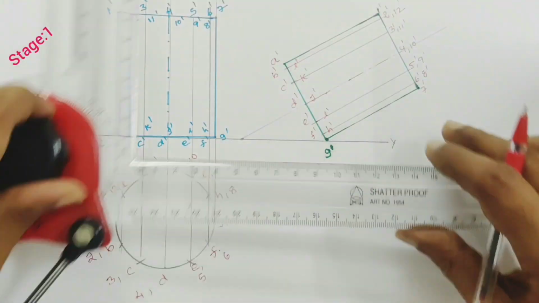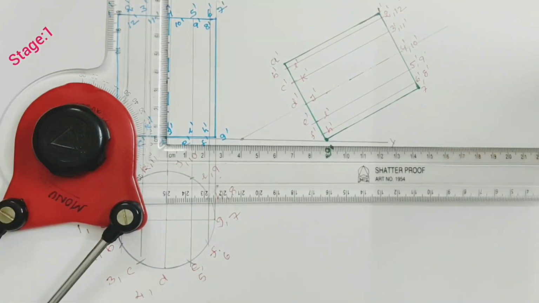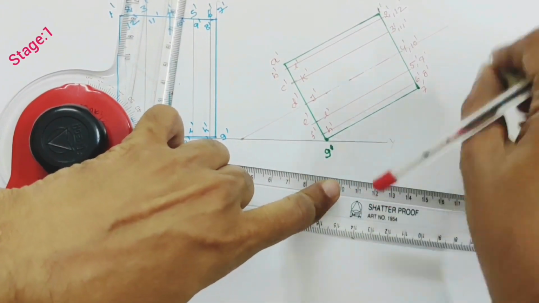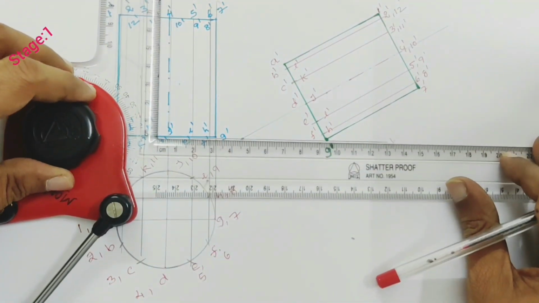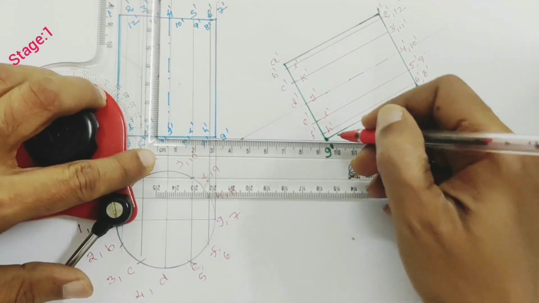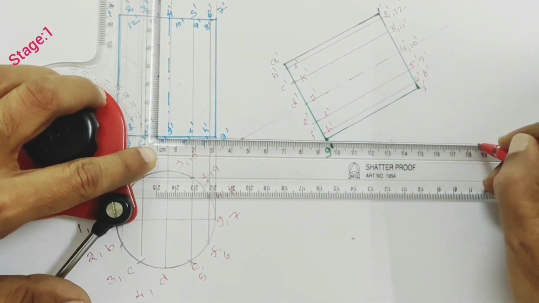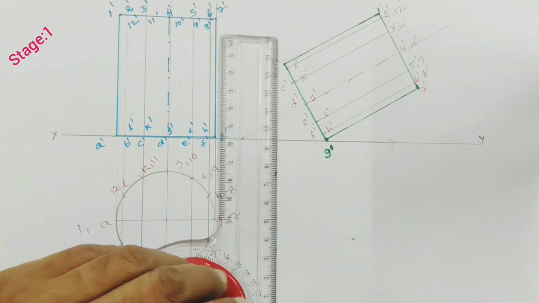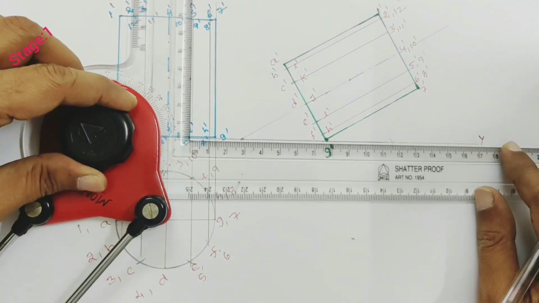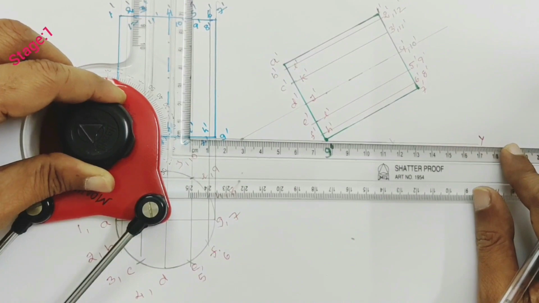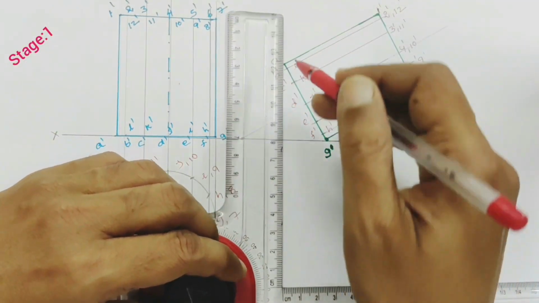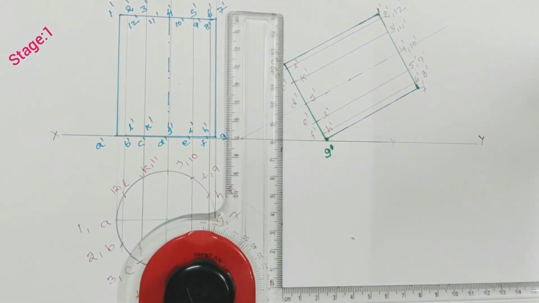Then this reference line to be extended. This reference line to be extended further. After that, draw projectors vertically down for drawing the top view. That is, draw projectors vertically down from the second front view.